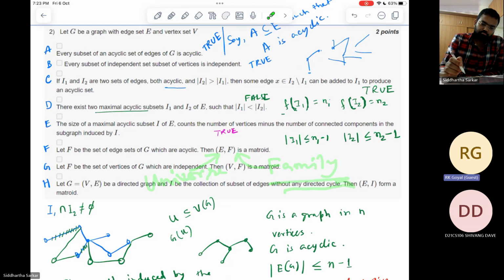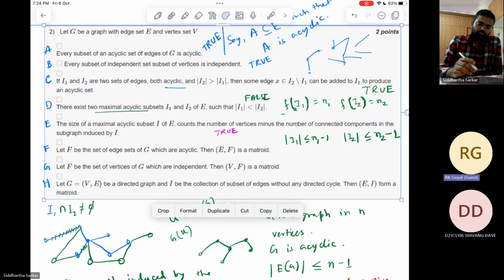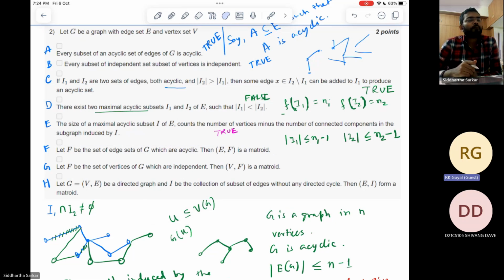But F is a collection of only those edges which are acyclic. So if I pick, say, 1 and 2, the heredity property is definitely true here.